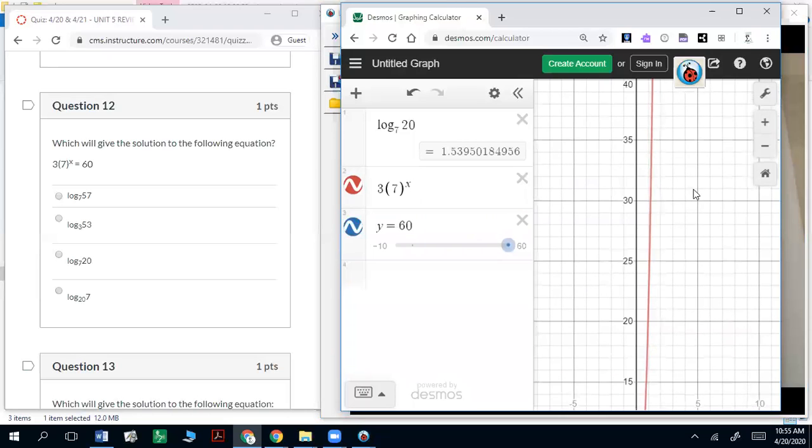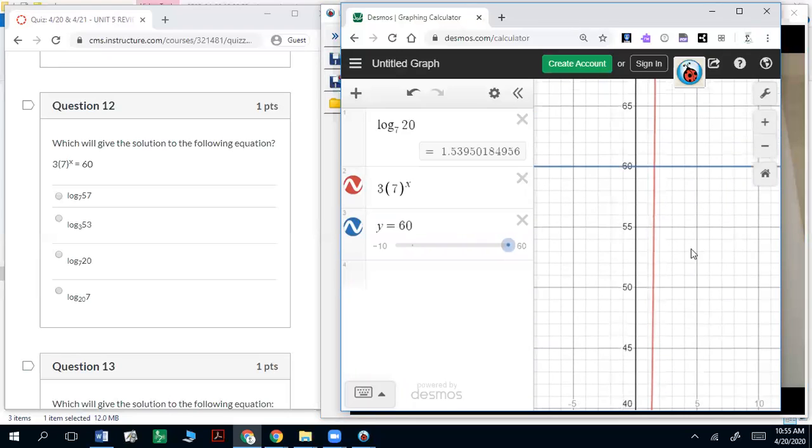Just drag it up, click on your mouse and drag down until you get it. And you could get that point of intersection, which is 1.54, which is 1.539 rounded to 1.54. So that's the same number as log base 7 of 20, just a different way to get it.